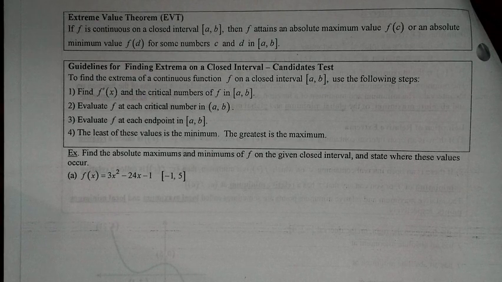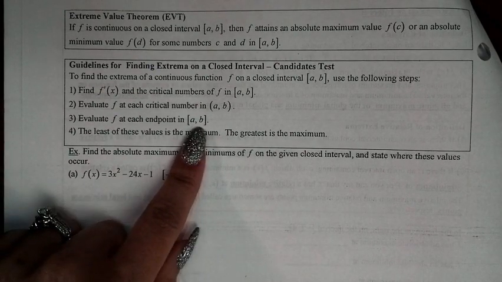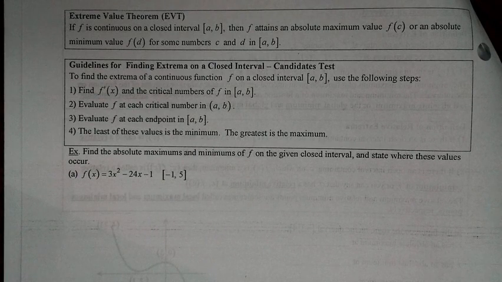After that, you're going to evaluate f at each of the critical numbers that are inside [a, b]. Third, f needs to be evaluated at the endpoints, so you're going to plug each of the endpoints into f and evaluate them. Then you are going to compare all of the outputs, and the least of these values is going to be the minimum and the greatest is going to be the maximum.